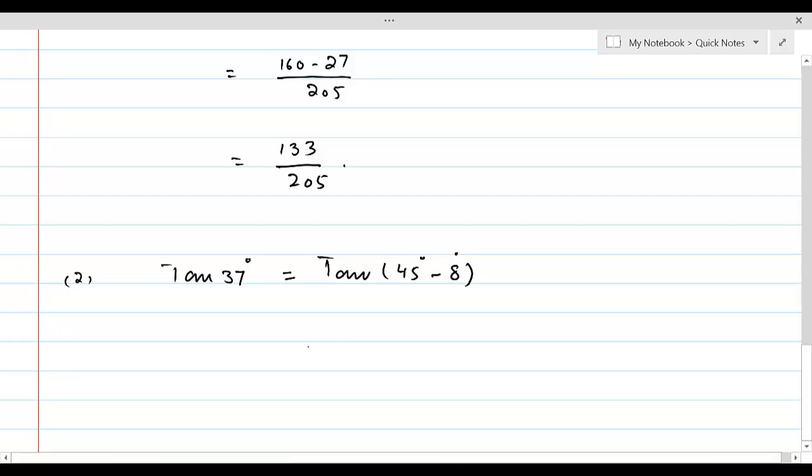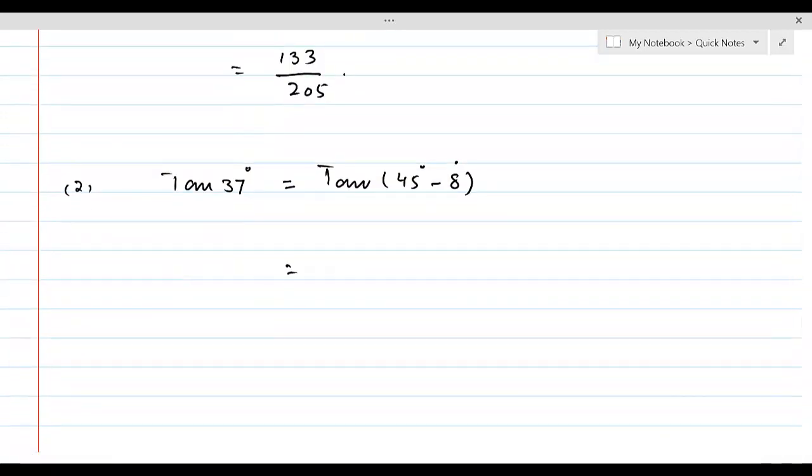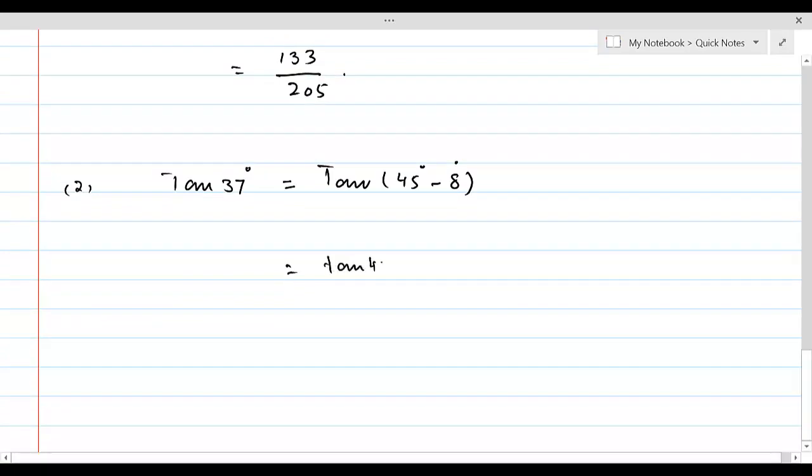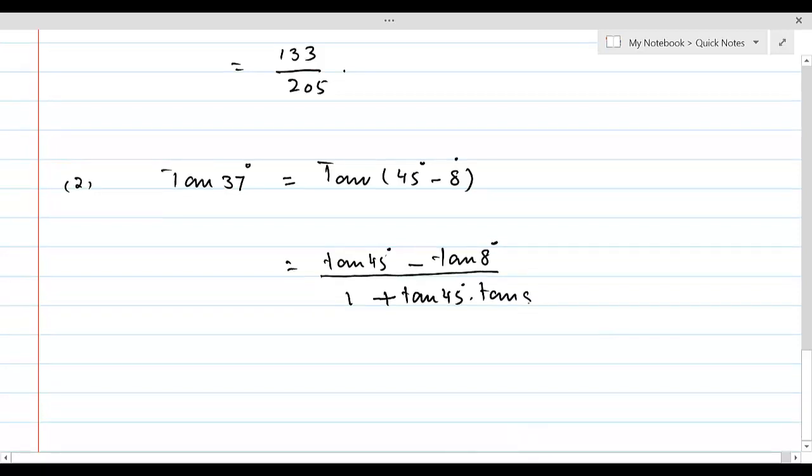So now use the trigonometric identity for tan of alpha minus beta. This would be equal to tan of 45 degrees minus tan of 8 degrees divided by 1 plus tan of 45 degrees into tan of 8 degrees.